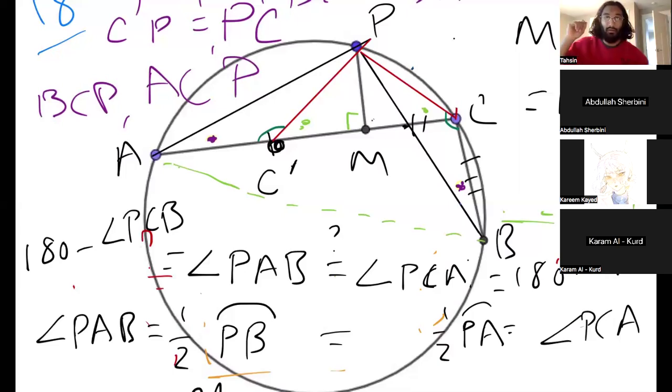Okay, good. Does it make sense? The point was to compare the dark green angles, to show that both of the dark green angles are obtuse. And in fact, this argument shows that they're equal. Does it make sense? Yes.